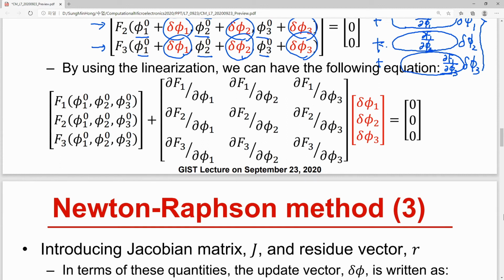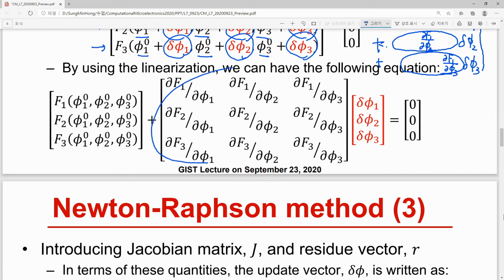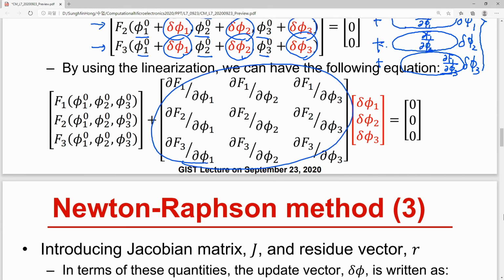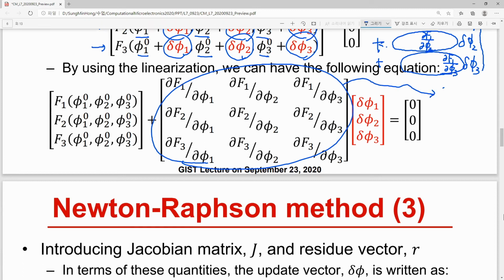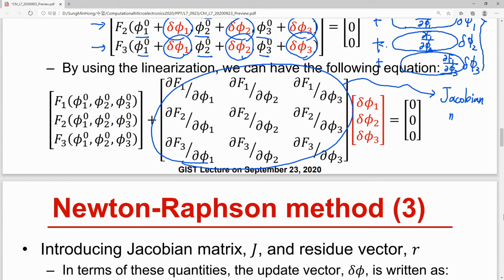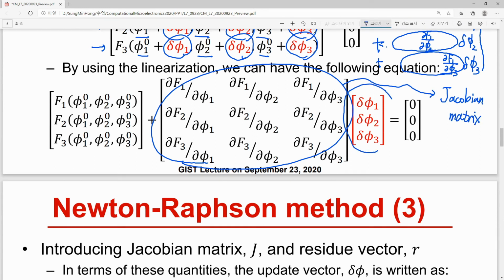Okay. Up to now, we have introduced certain quantities. One, we have just introduced the Jacobian matrix. And this red colored vector that contains updates of each variable, it is quite natural to call it the update vector.